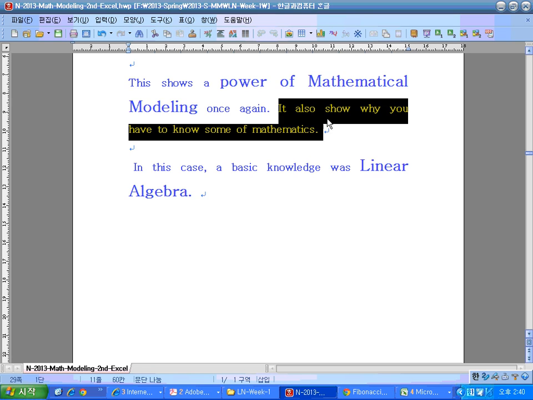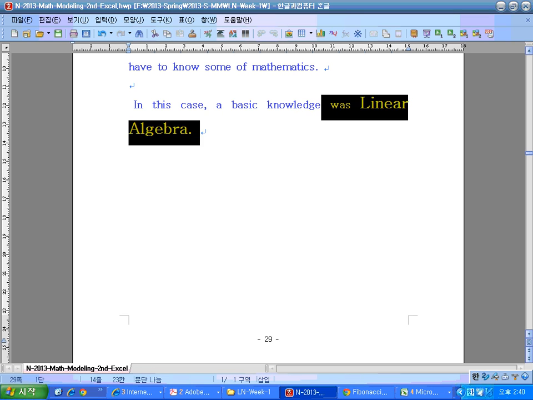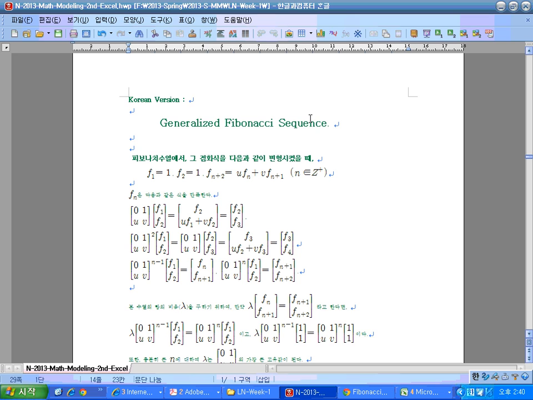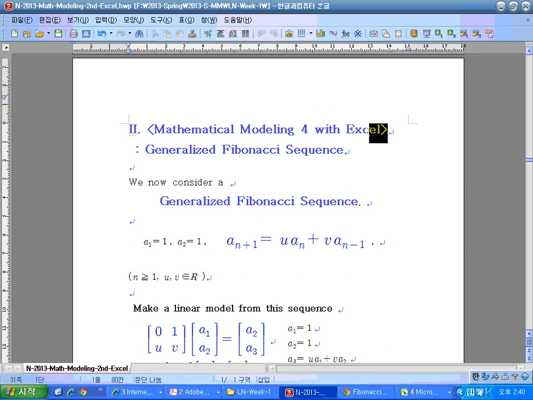You should know how to find the eigenvalues of the matrix to make connections like this. In this case, the knowledge that we used in this model was linear algebra knowledge.